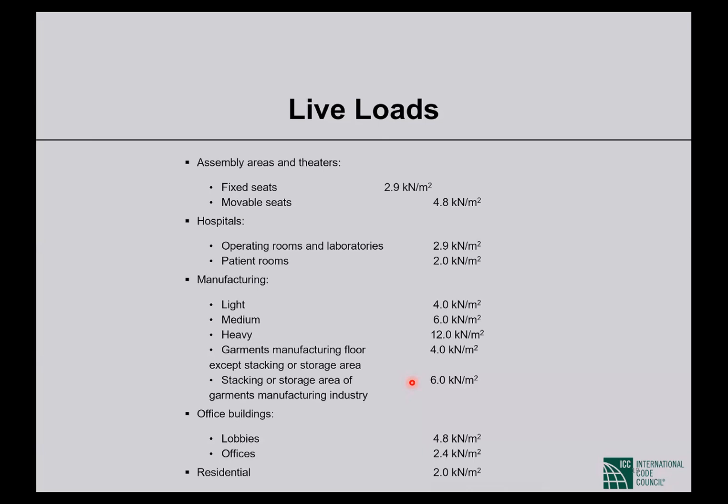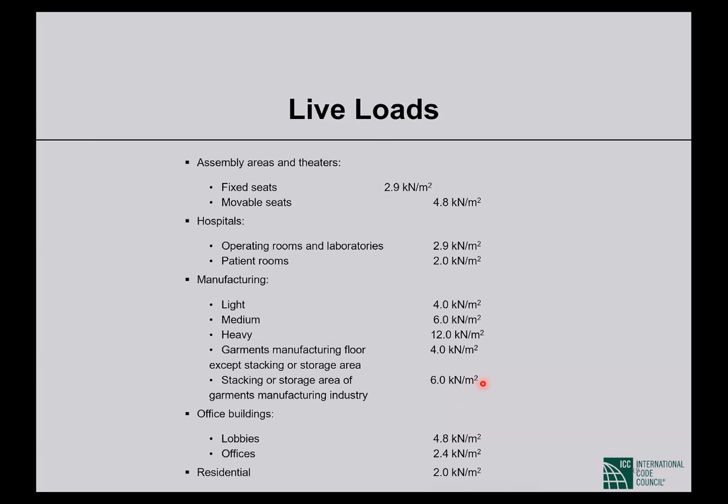They will say that it is very common that in the garment factory building, in the storage areas, the live load exceeds this value. Yes, that has been considered even in this code too. It is mentioned that only if the storage height is 3.5 meters or less, you have to take 6 kilonewton per meter square.